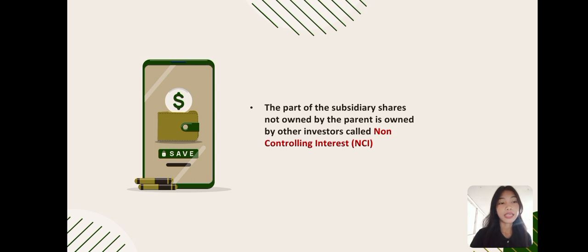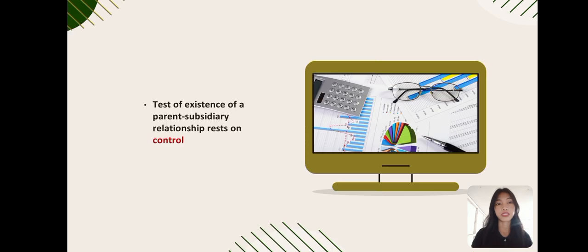So what is this NCI? An NCI, or non-controlling interest, is an ownership position whereby a shareholder owns less than 50% of outstanding shares. As a result, the NCI shareholders have no individual control over corporate decisions or votes by themselves.